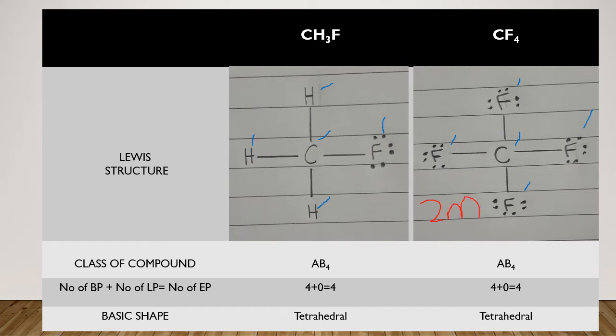And followed by the class of compound, where the class of compound for both structures is AB4. Next, the number of bonding pairs plus the number of lone pairs, which equals the number of electron pairs, for both molecules is 4 plus 0, which equals 4.